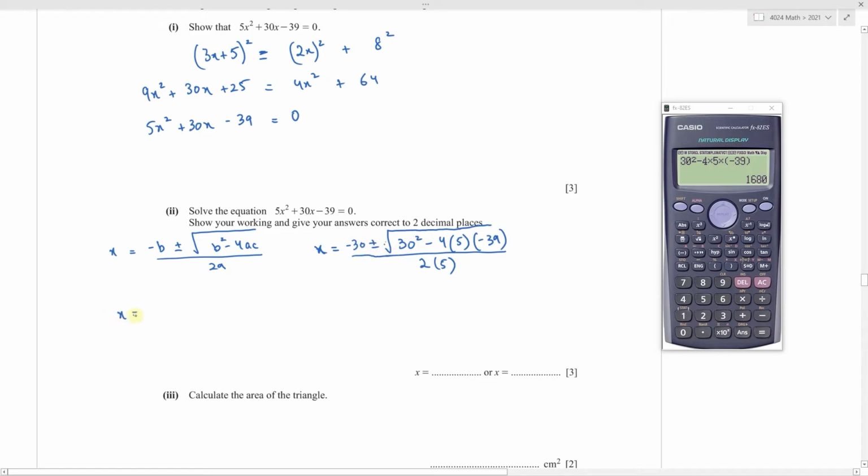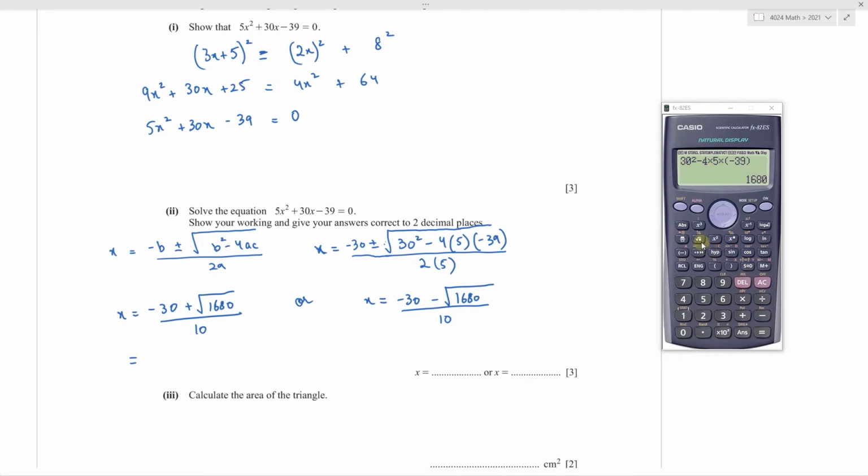So one of your values will be x equals minus 30 plus square root of 1680 divided by 10, and the other value is x equals minus 30 minus square root of 1680 divided by 10.